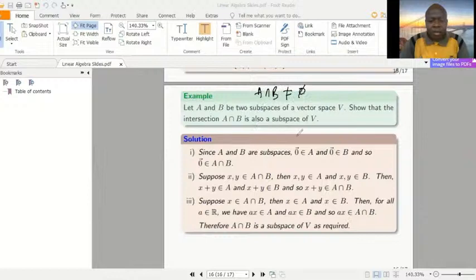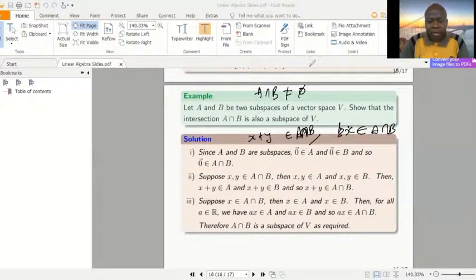And then also show that the intersection of A and B contains the sum of any two vectors x and y. Also show that the intersection of A and B contains the product of any scalar times any vector. That's what we want to show. So once we show those three properties, we'll have shown that the intersection is indeed a subspace.